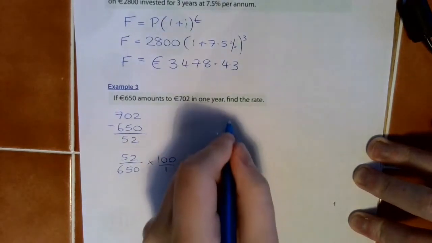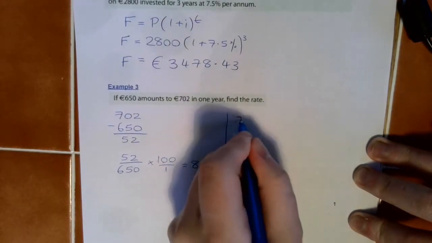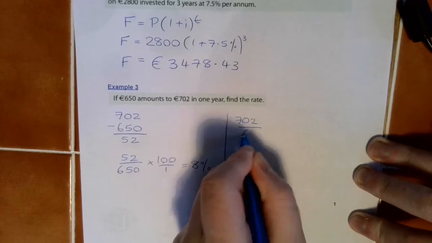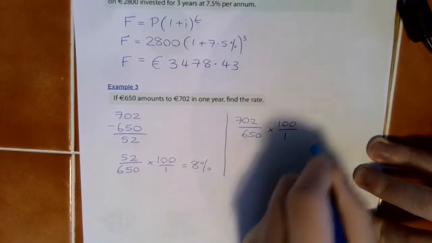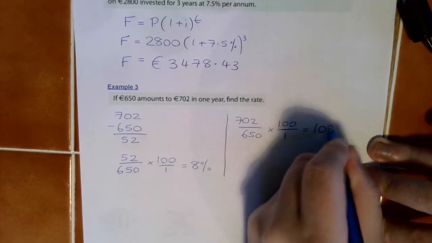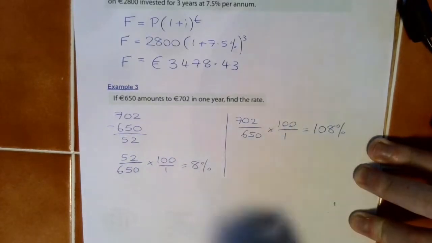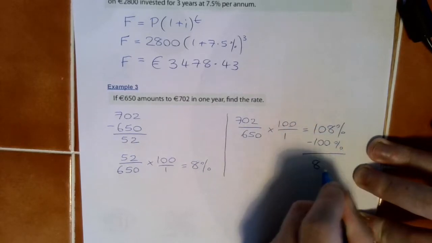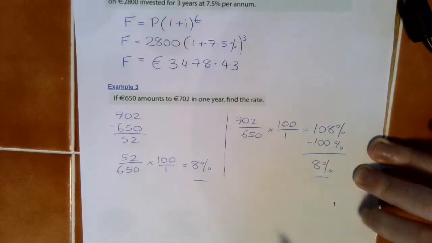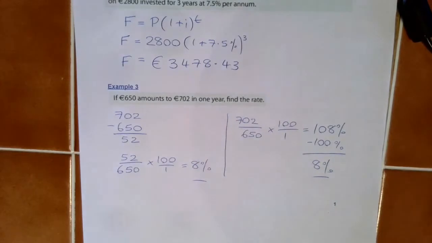Or if you want to just make it a bit quicker, you could just put 702 over 650 times by 100 over 1, and you'll see that your answer is 108%. And then obviously if you take the 100% away from that, then your answer is 8%, which is the same as the answer on the other side. It doesn't make a difference which way you do it.